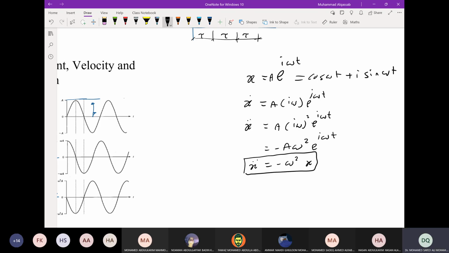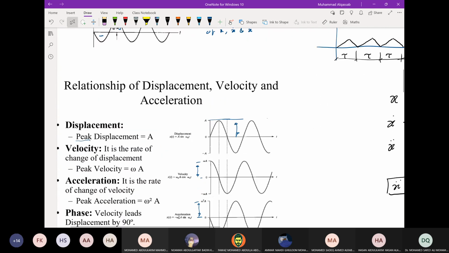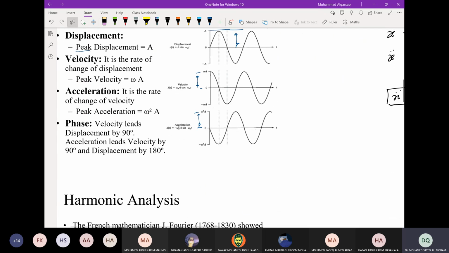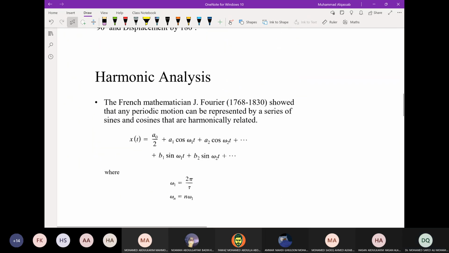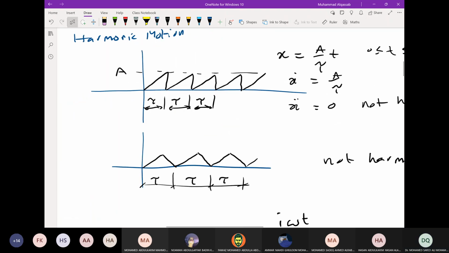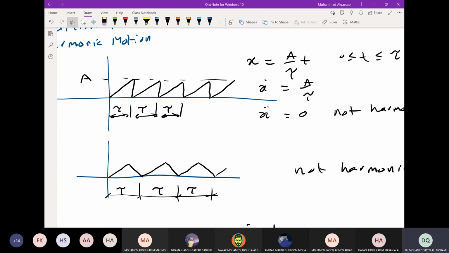But e^(i omega t) is the combination of sine and cosine. So those are the harmonic functions. Okay, so that's the condition for harmonic motion. So the difficulty in periodic motion in general, for example, this one, sine or cosine can be evaluated for any time with the same equation.